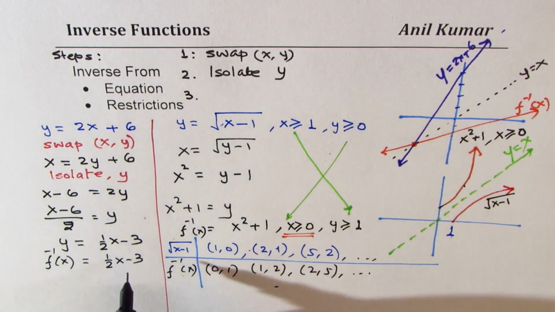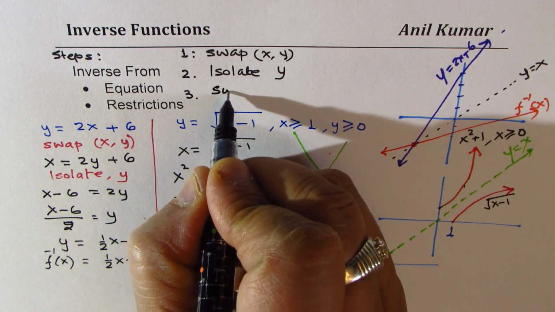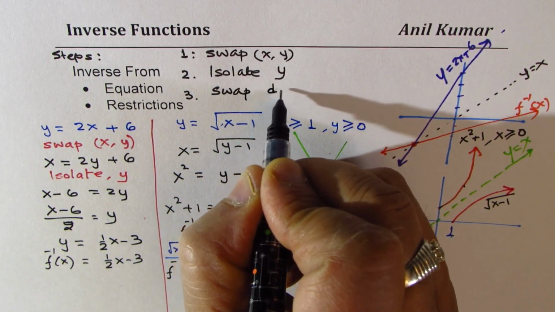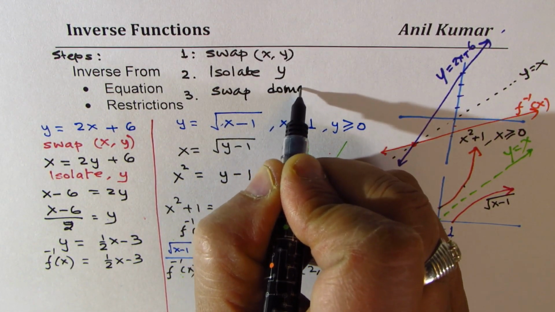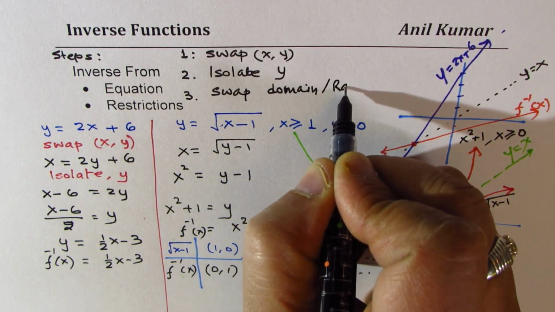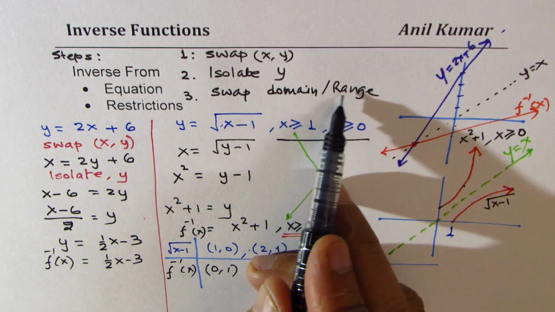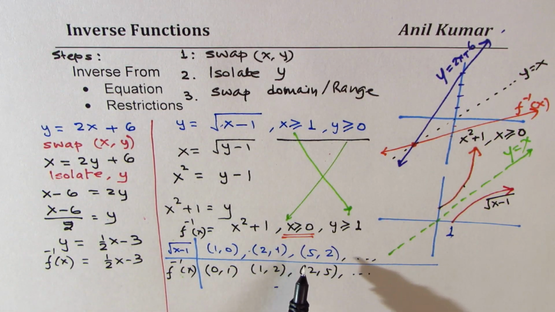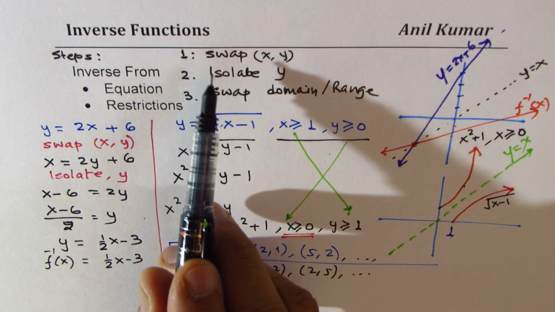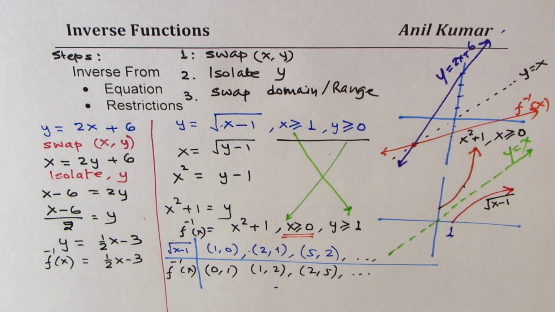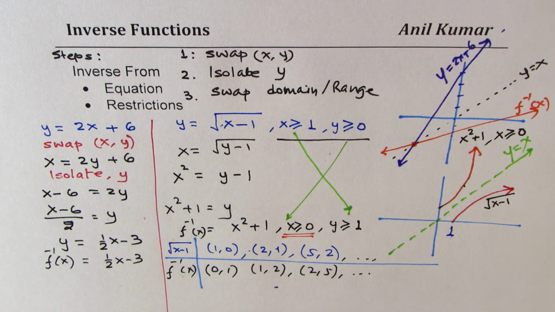Step number 3 is also swap domain and range, as we saw here. If you don't do that, you will land up with a wrong answer. So these 3 are critical steps to find the inverse of any function, as you can see, right?